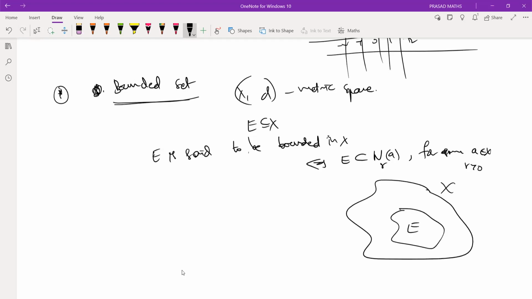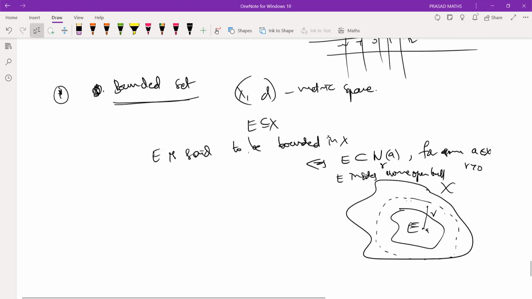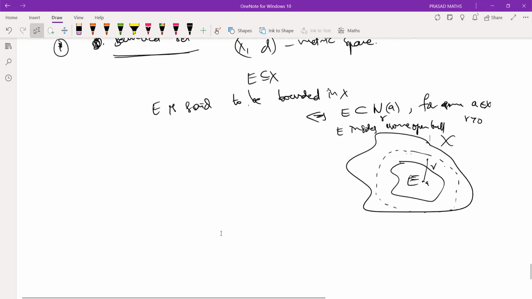When you want to say it is bounded, you need to show that E is inside some open ball, or some open neighborhood. Is the definition clear?